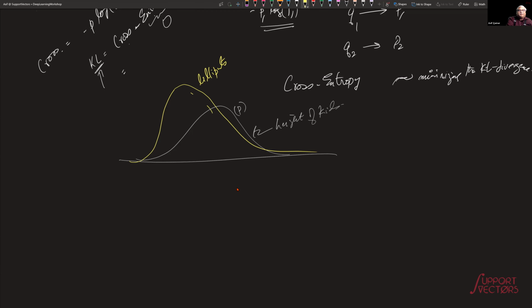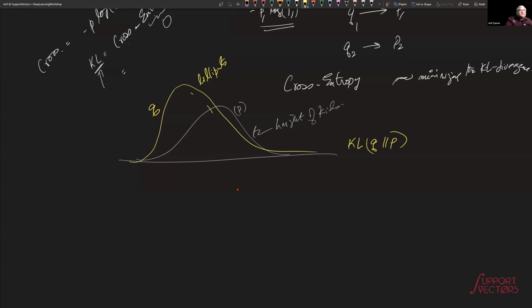So are you surprised by seeing this? It would represent an element of surprise, isn't it? And what KL divergence maps is the gap between what you expect, and this is your Q. KL divergence is basically the gap between P and Q. Actually, here it should be Q given P, but okay.